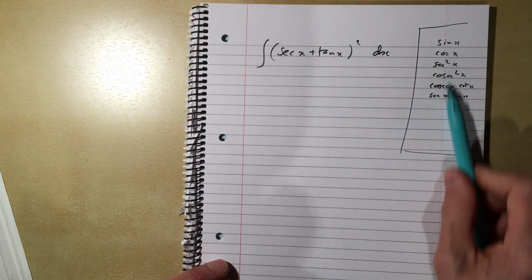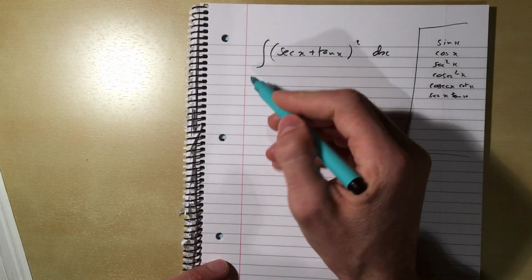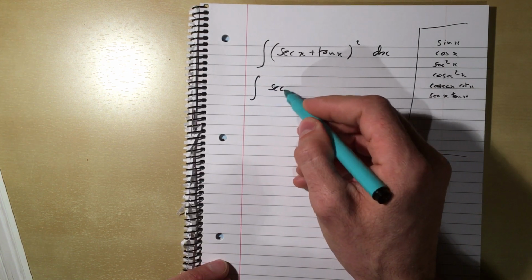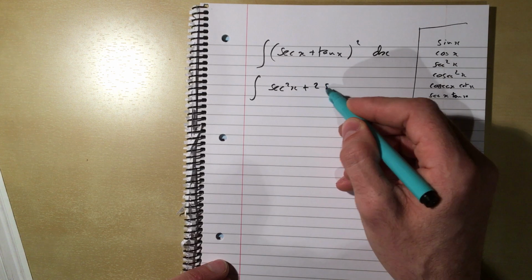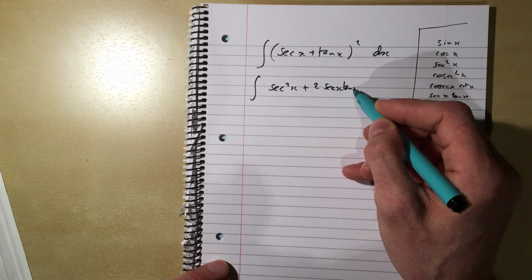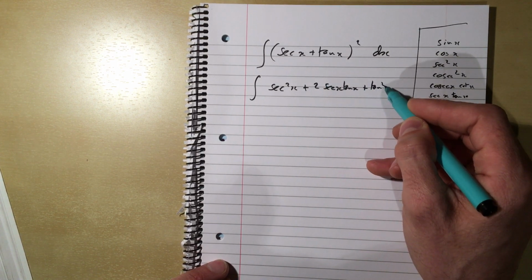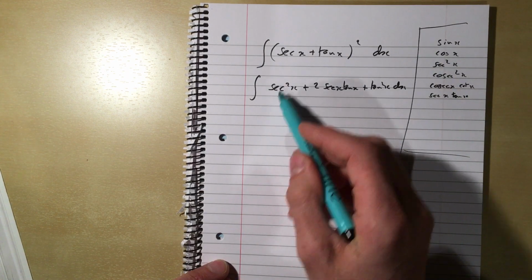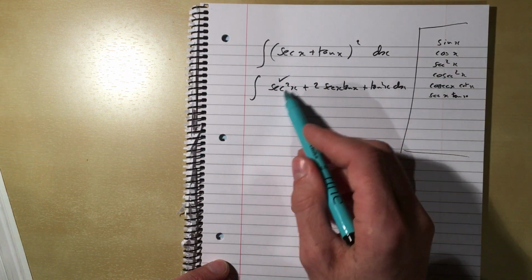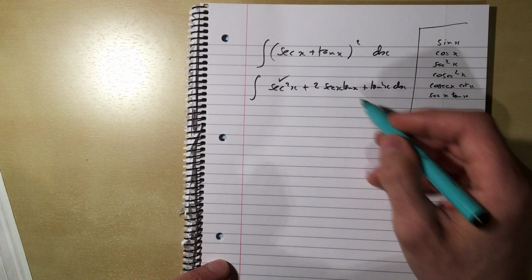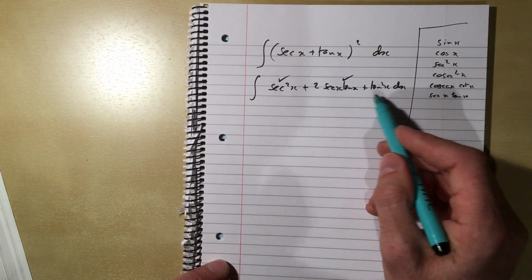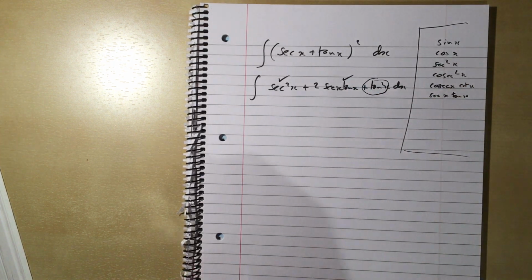Now we've seen that, well, the obvious thing to do here, look, would be when we expand the brackets, well, this one, great, that's on my list, I can integrate that bit. Sec tan, great, that's on my list, I can integrate that bit. Tan squared, that's the only bit that's going to cause us a problem, okay?